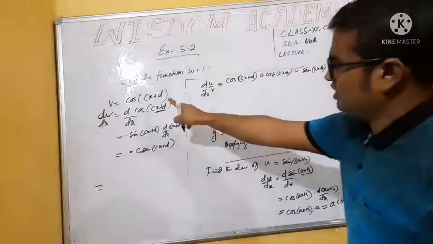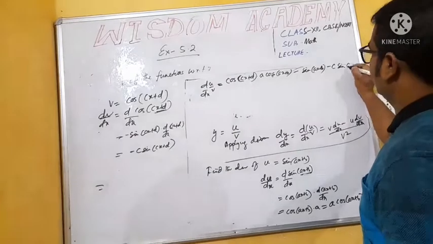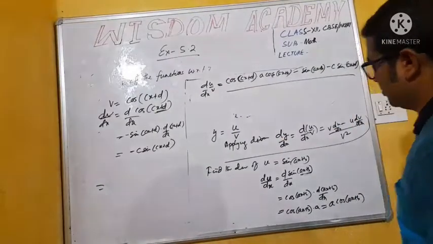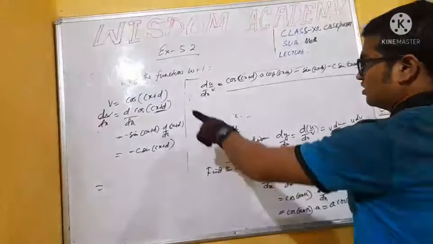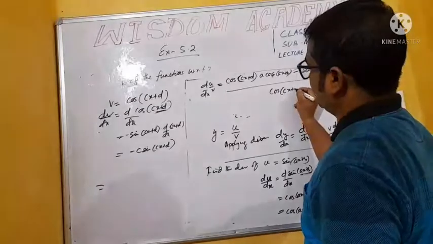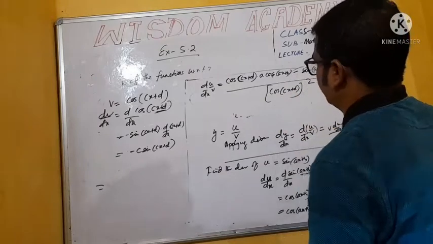The derivative of v means minus c sin cx plus d, by v square, that is cos cx plus d whole square.